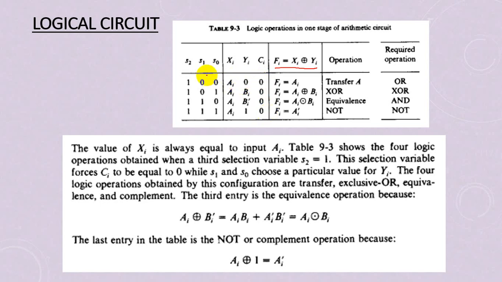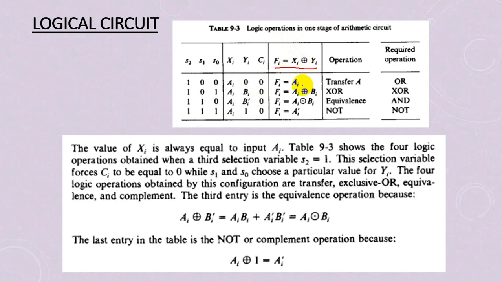Carry in equals 0, the mode select pin is 1, and S0 S1 are the selection pins for logic operation. This is the modification we have done till now: no modification of A and modification of B, that is, Y equals modified B and X equals unmodified A. With this same hardware, what do we get?